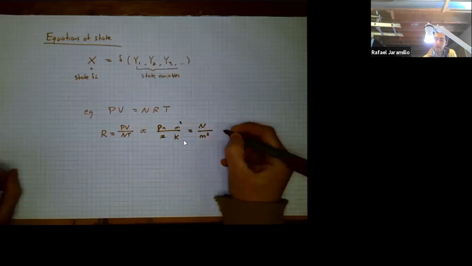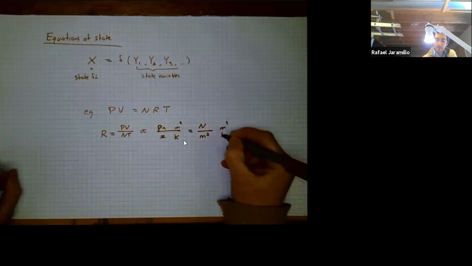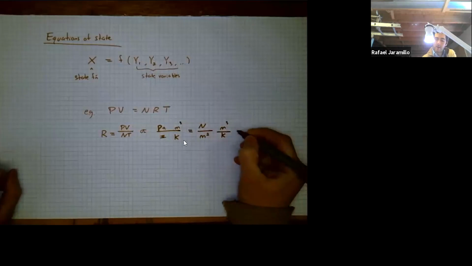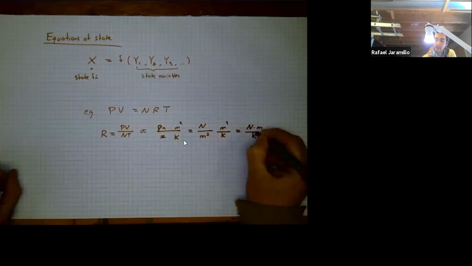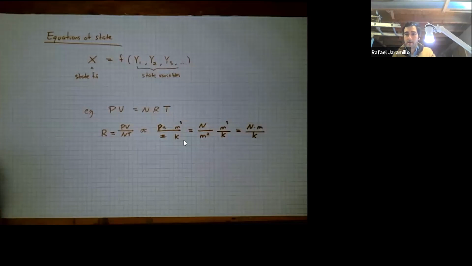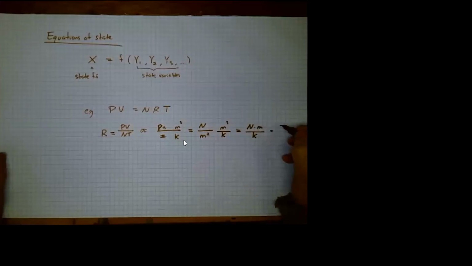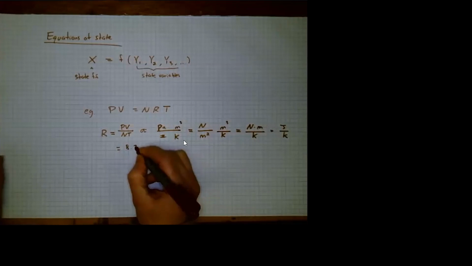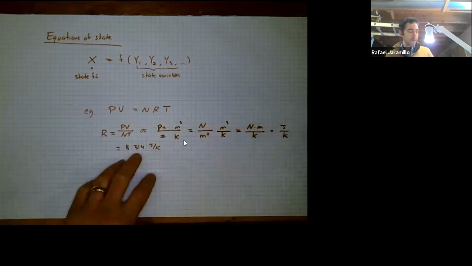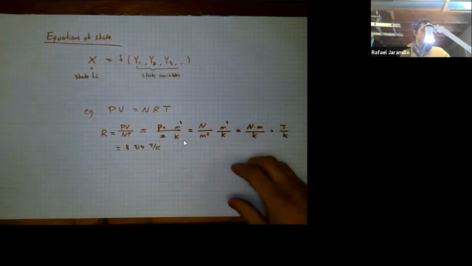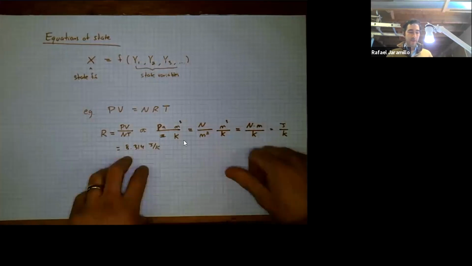That's pressure. We have a meter cubed, and we have a Kelvin. So then you get Newton meter per Kelvin. And what's a force displaced over a meter? Newton meter? A joule. Joule per Kelvin. So R equals 8.314 joules per Kelvin. It's a handy thing to remember. We're going to be sticklers for units in this class.